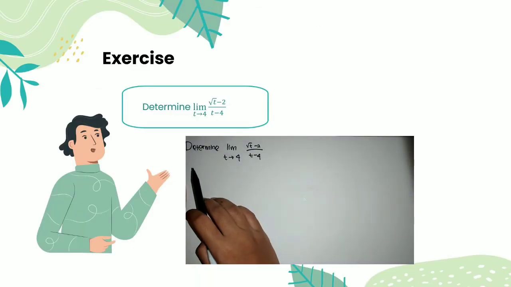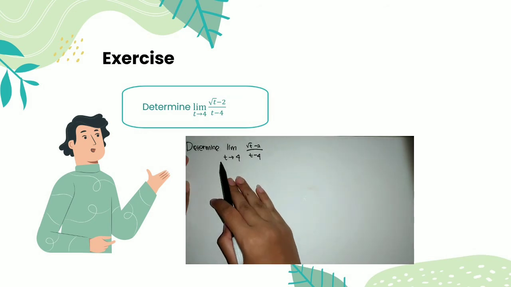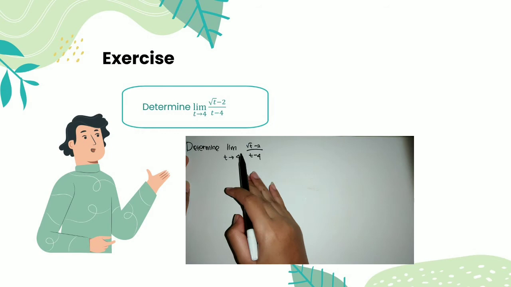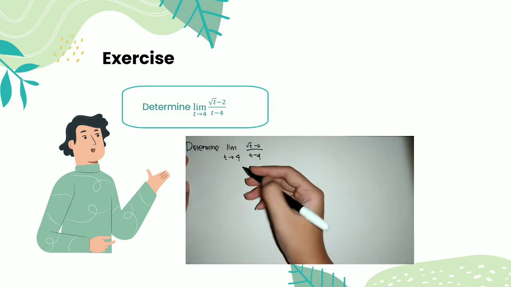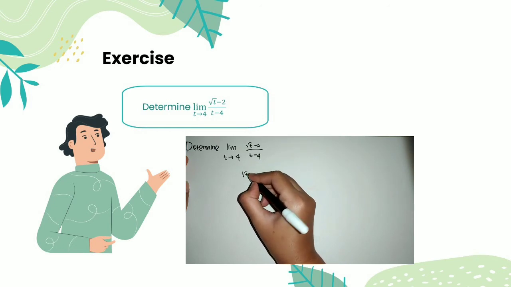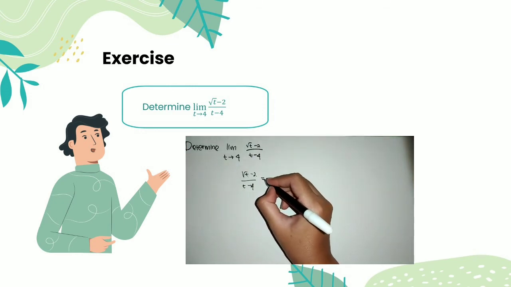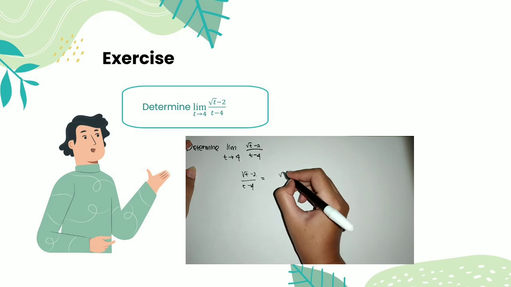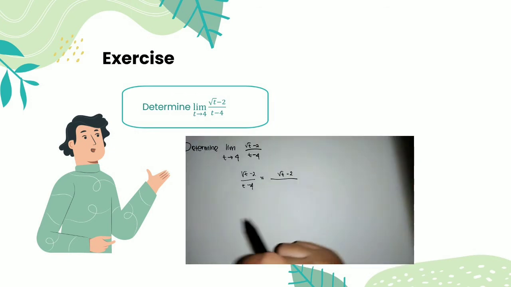For exercise, we will solve a problem: determine the limit as t approaches 4 of root of t minus 2 divided by t minus 4. So, root of t minus 2 divided by t minus 4 equals root of t minus 2 divided by the denominator, t minus 4, which can be factored.